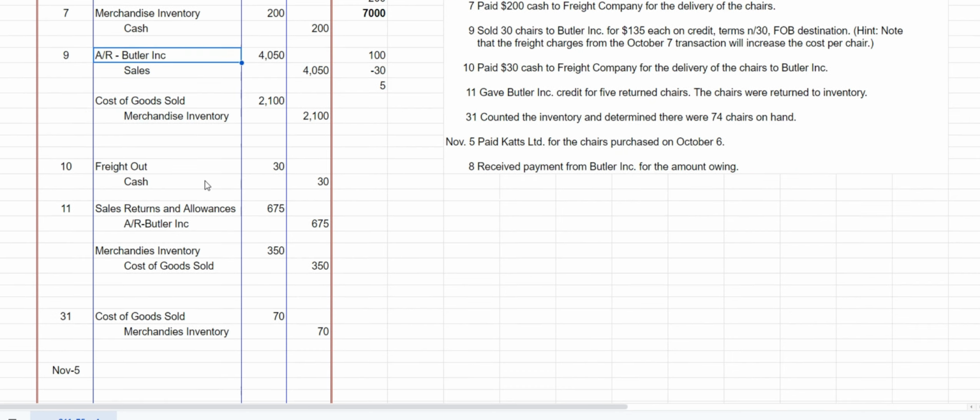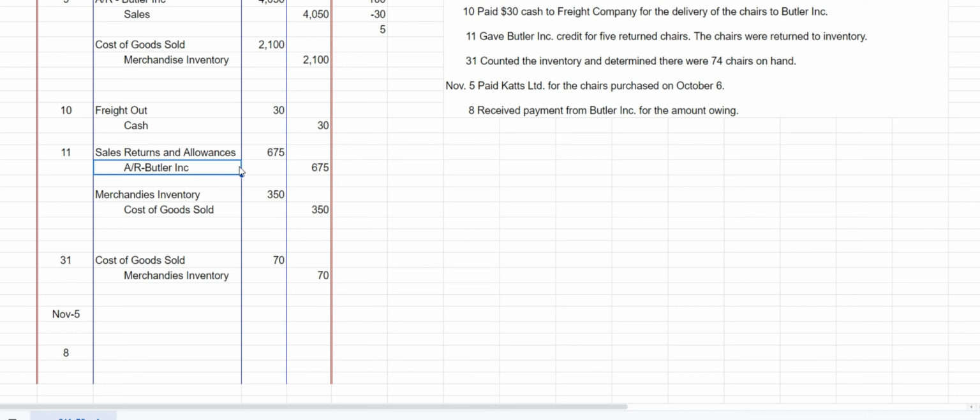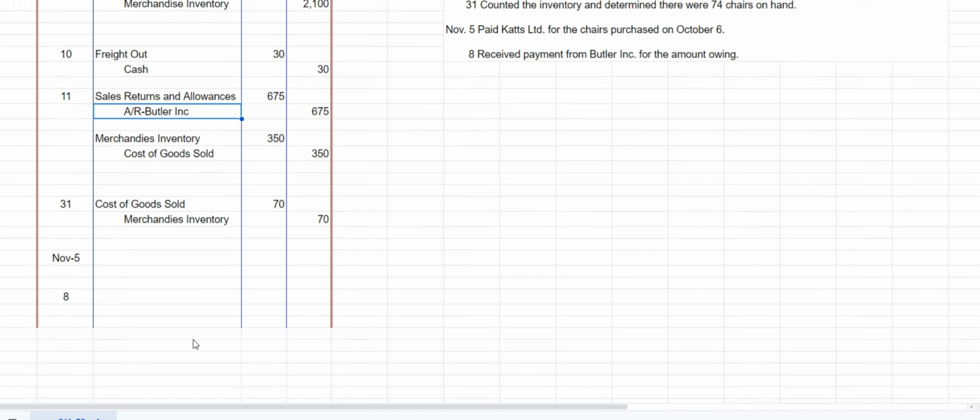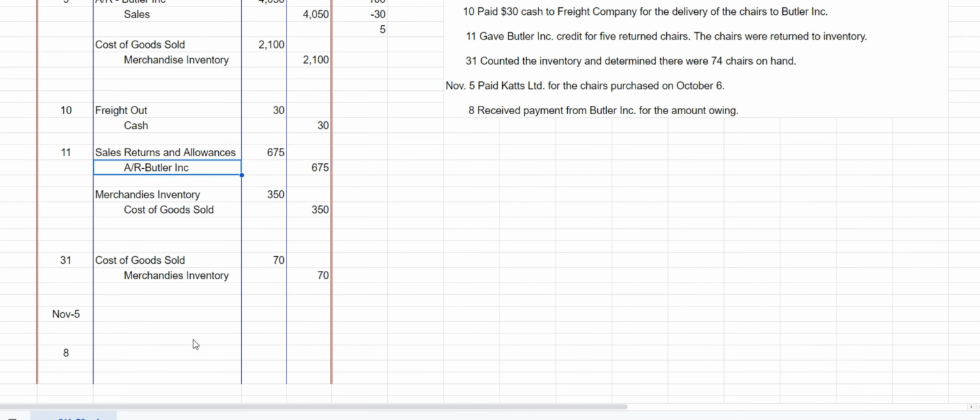And on October 11th, we gave them an allowance. So now $4,050 minus $675 is $3,375. I just skipped November 5th. Okay, let's do November 5th first.